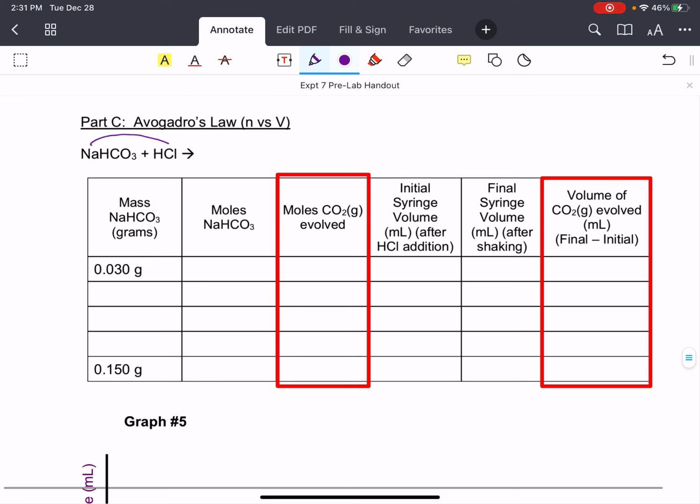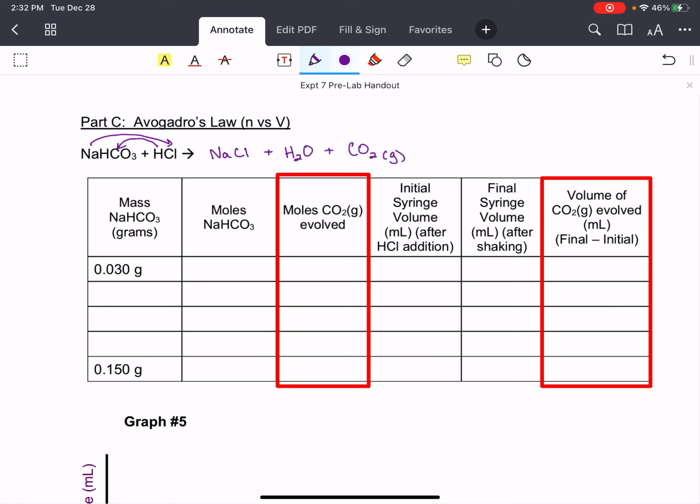And so we have sodium that's going to pick up and form sodium chloride. And the other product is carbonic acid, which we know breaks down into water and carbon dioxide gas. And so we will see the reaction bubbling as we perform it in the syringe. And we're going to measure the volume of the CO2 bubbles that are formed.